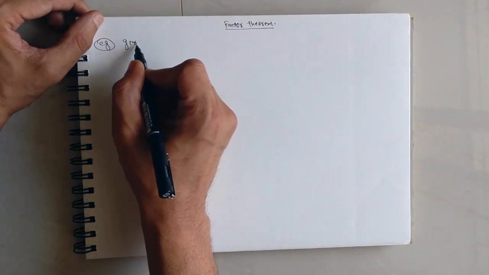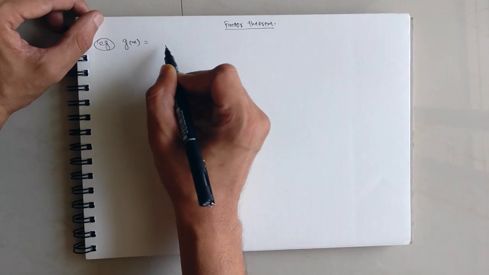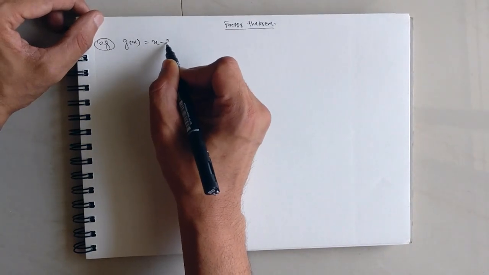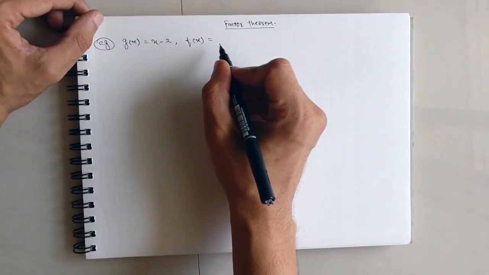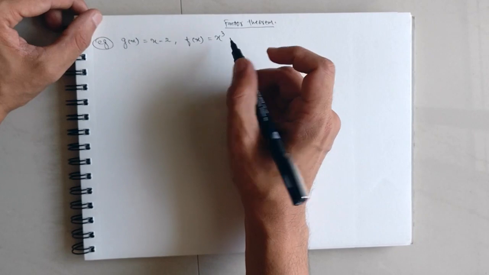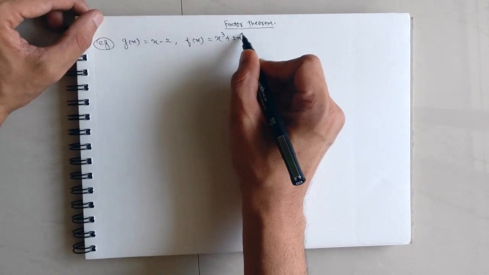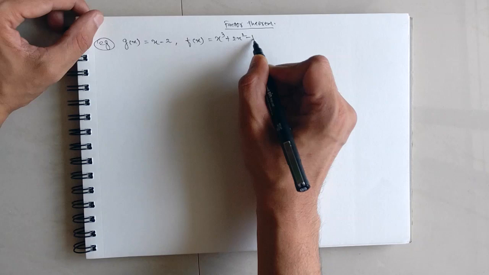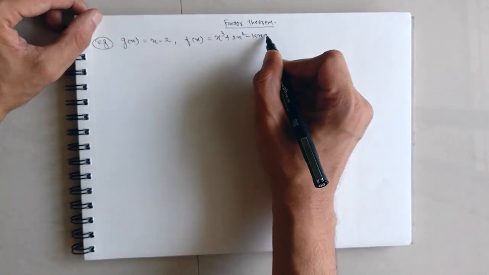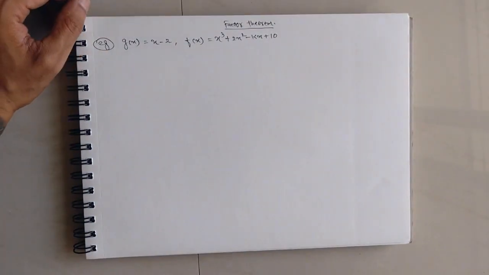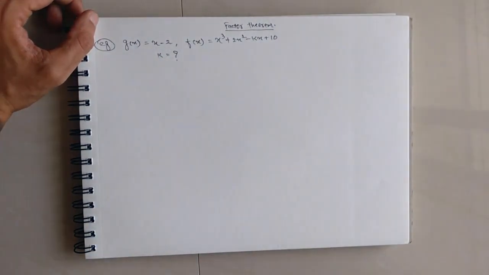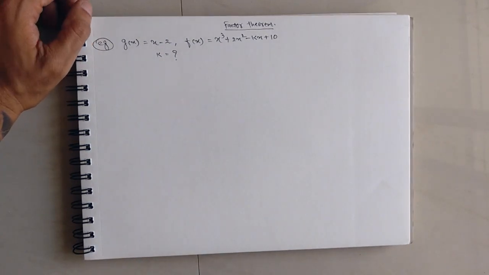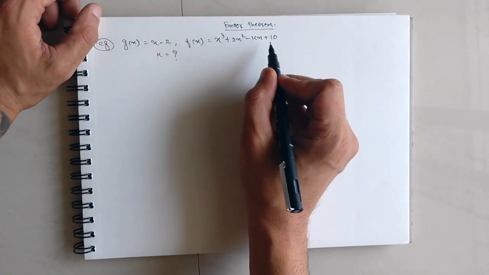See, g of x is equal to x minus 2 and f of x is equal to x cube plus 2x square minus kx plus 10. Find the value of k when x minus 2 is a factor of x cube plus 2x square minus kx plus 10.